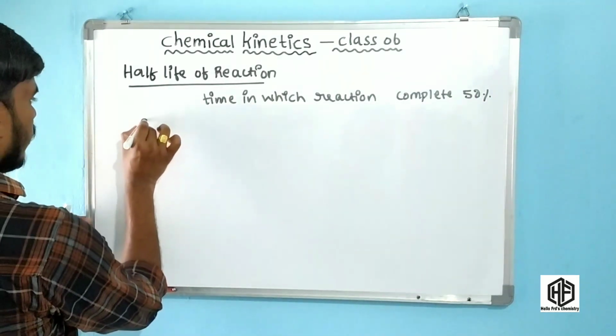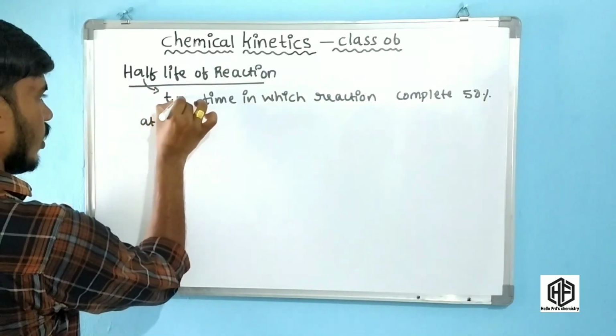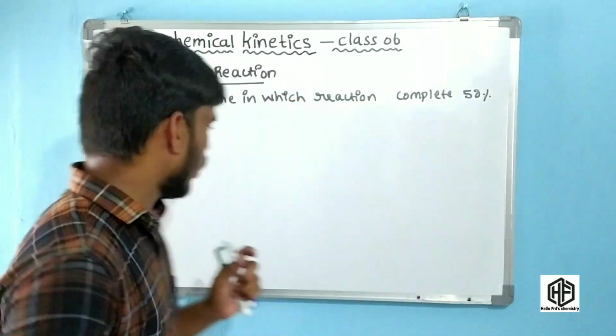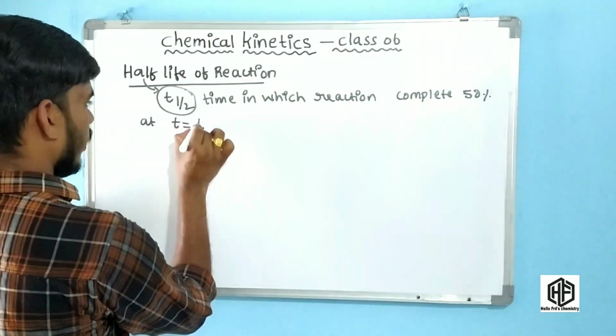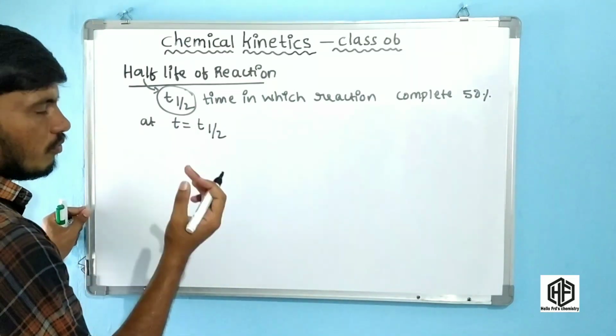Half-life of reaction is represented as t half. This is very important, friends. Half-life of reaction is represented as t is equal to t half, the time in which the reaction is 50% complete.